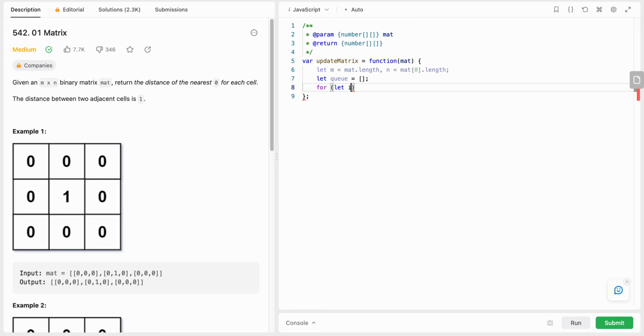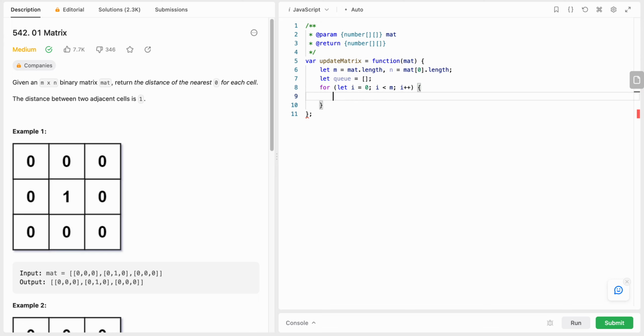So let i equals 0, i is less than m, i plus plus, and let j equals 0, j is less than n, j plus plus. Oh, so we need a for loop here too. And then if the matrix at this given cell is equal to 0, that is when we update our dp.